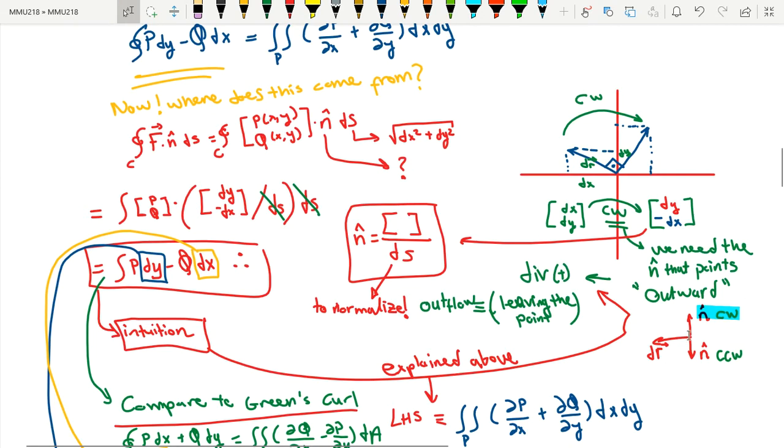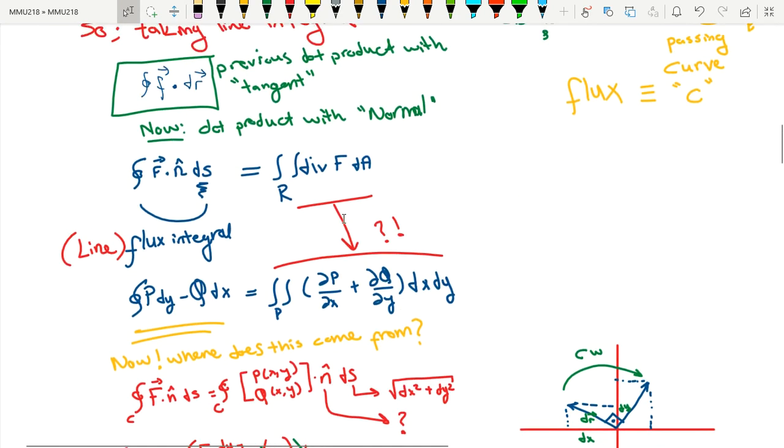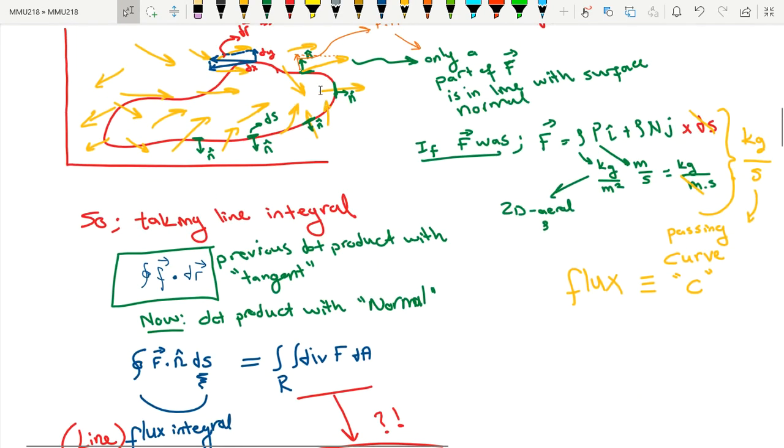Normally we have two normal vectors. If this was dr, one could be pointing towards the center of the curve, to the curvature, and the other one is pointing outwards. In this case, since I had explained the intuition here, we're looking for some flow that is flowing out.